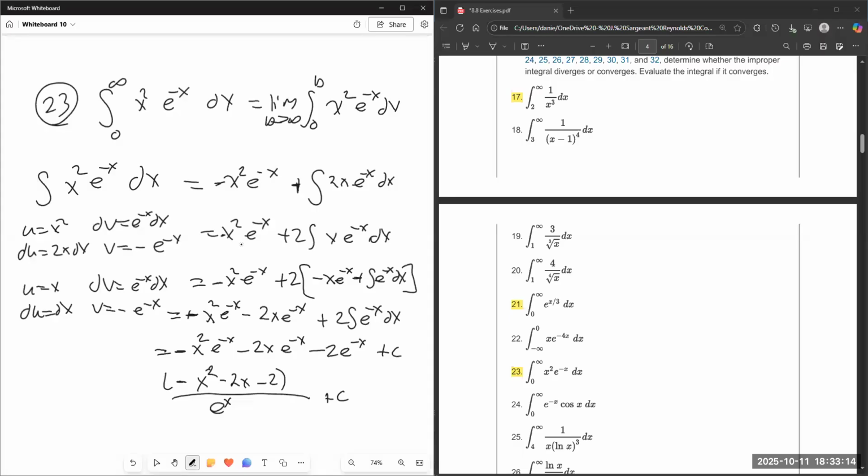So that should be positive. Pull the 2 out. Then this should be 2 times uv, which should be negative here.